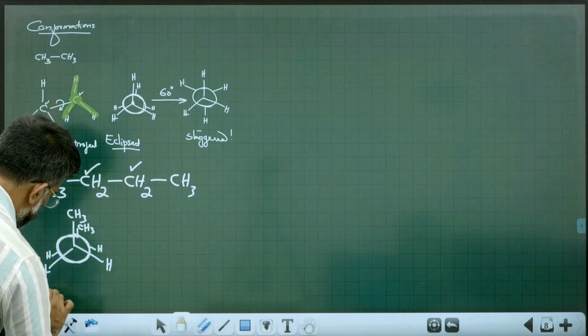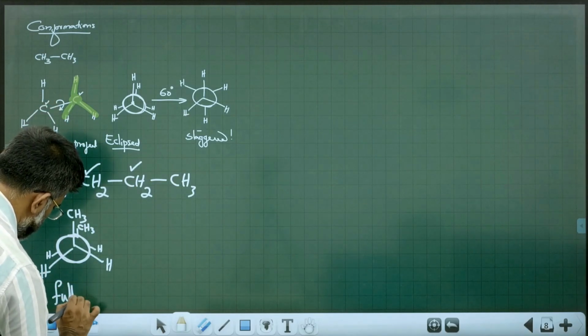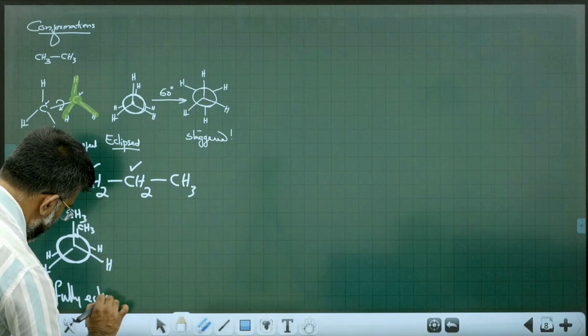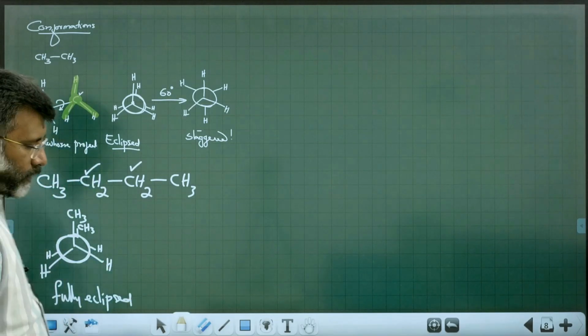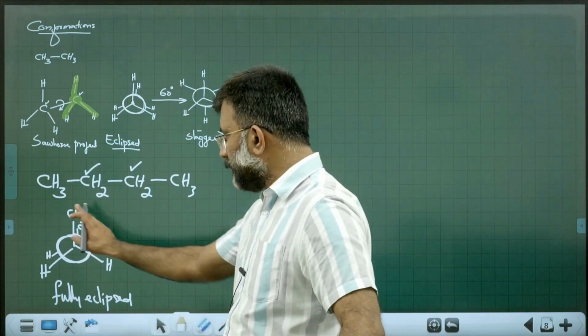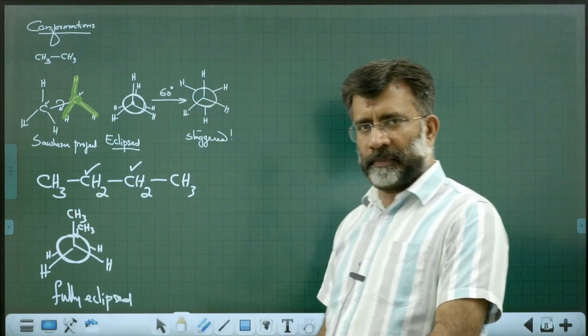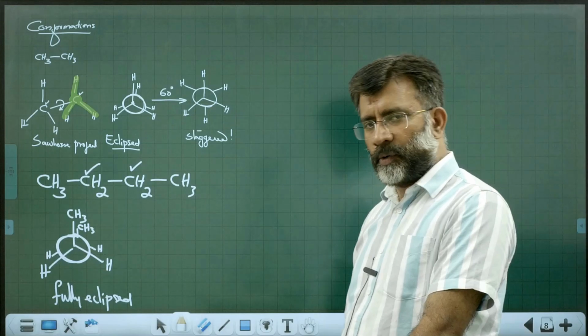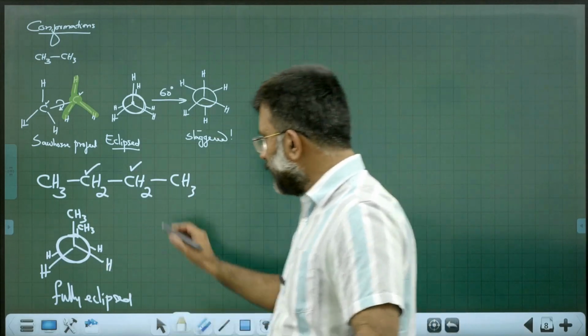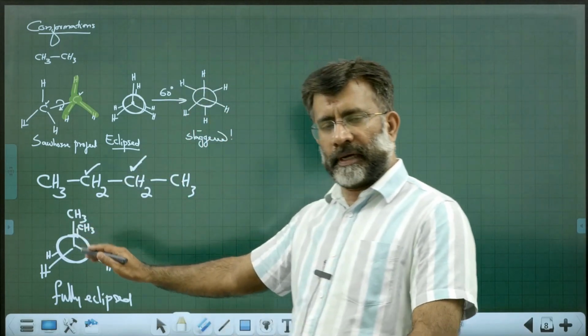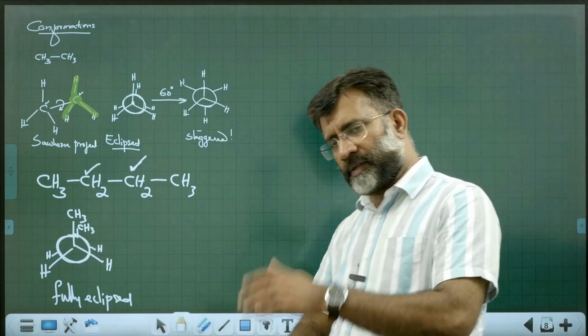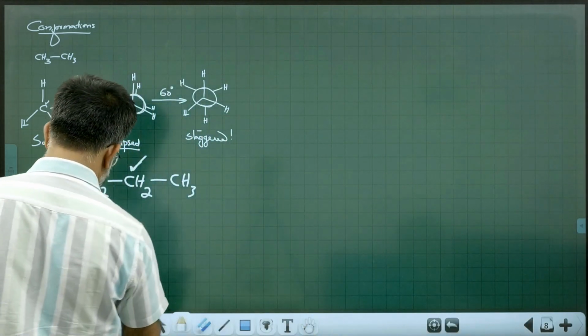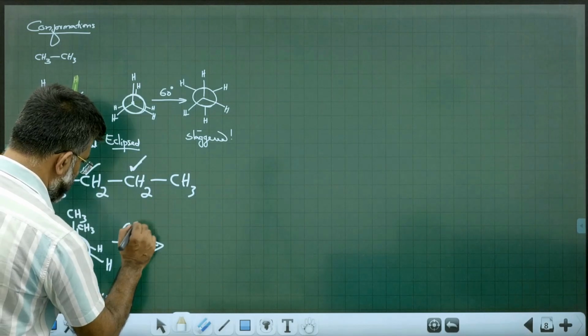This is fully eclipsed conformation. Even we call it methyl eclipsed, two methyl coming in the same position. That is methyl eclipse. Now imagine the behind carbon, along with the hydrogen and CH3, makes a 60-degree dihedral rotation.